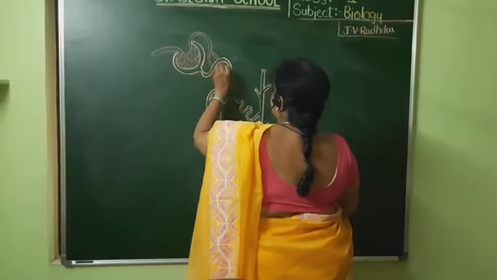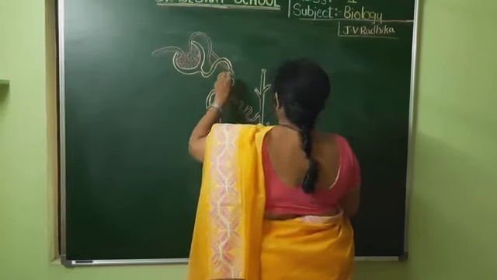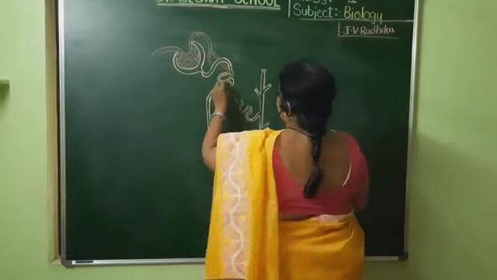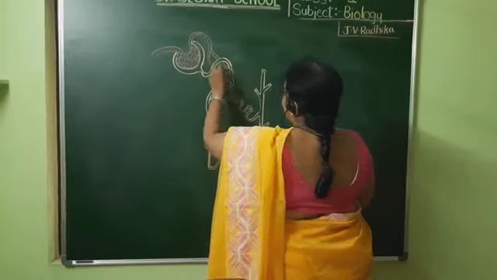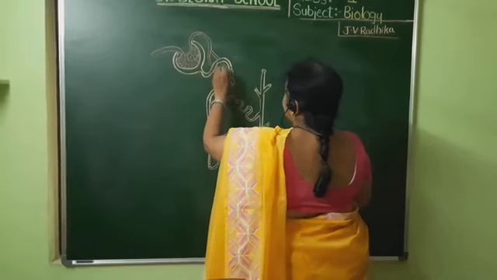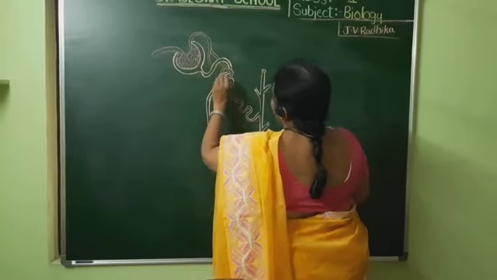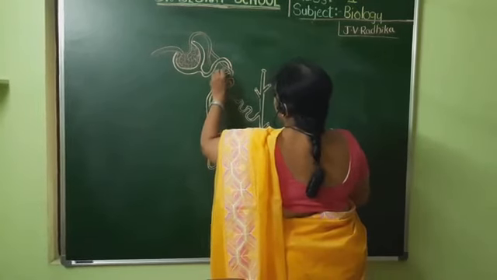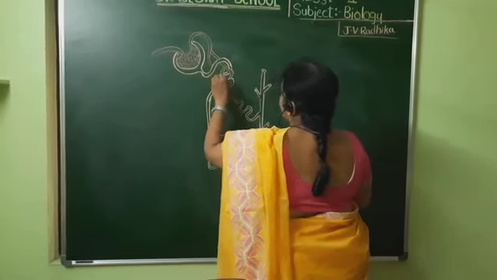That means they are present all along this one nephron, just like a creeper creeping around a tree completely, like that.